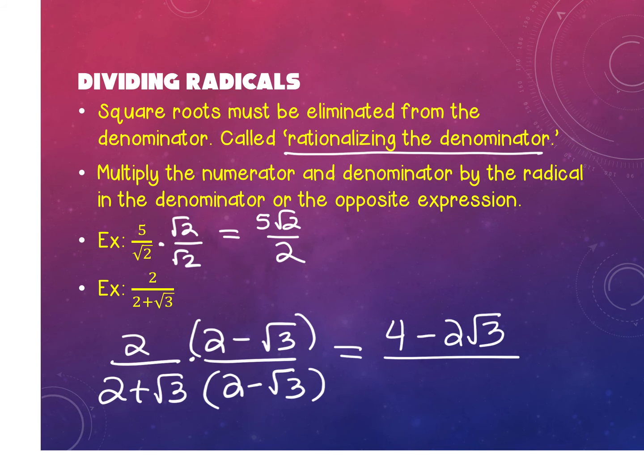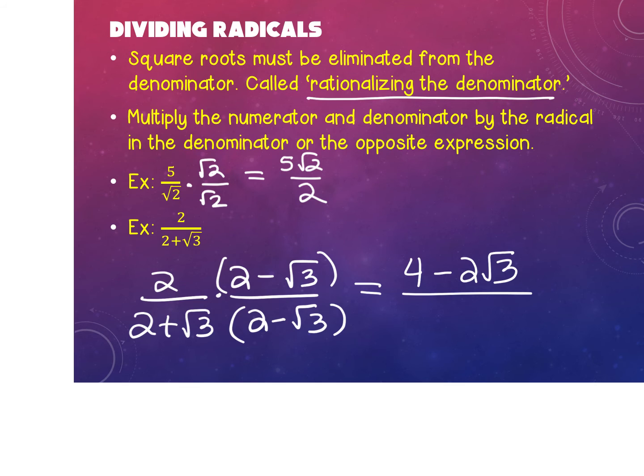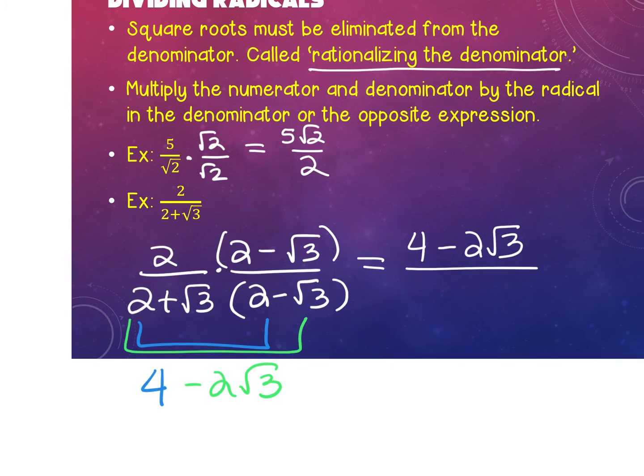For the denominator, let me just show you the whole FOIL process. But bottom line, when we're doing this, all we really need to do is first and last, but I'm going to do the whole thing. So if I do first, 2 times 2 is 4. Outer gives me negative 2 square root 3. And that's hard to see. Let me bring back a color.